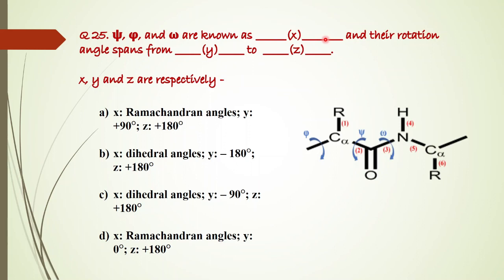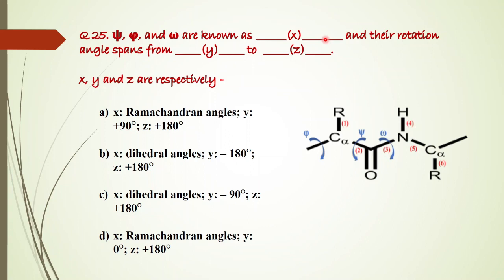And again we know that in the case of psi, phi and omega, the psi and phi angles can be between minus 180 to plus 180. And in the last class we also discussed that the CONH angle can be either 0 or 180. If it is cis, then it is 0 degrees, and if it's trans, then it's 180.